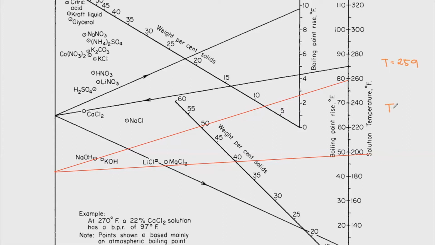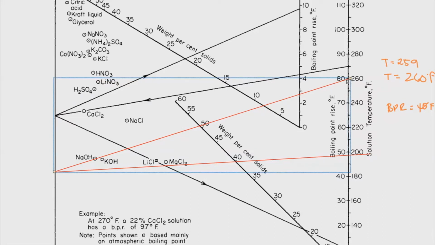So the actual BPR is around 48, I think. So with that, let's use 48 instead. If we use 48, then that would be equal to 260 degrees Fahrenheit. So if that's 260, then it's around here.